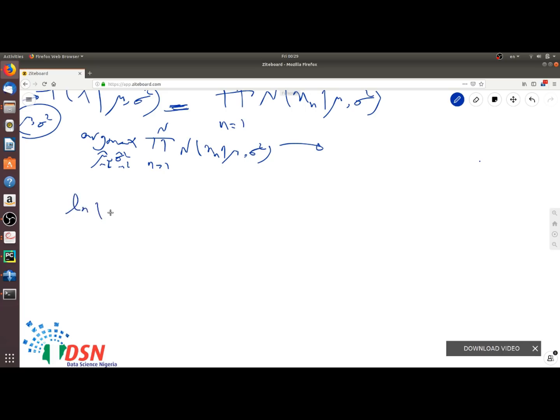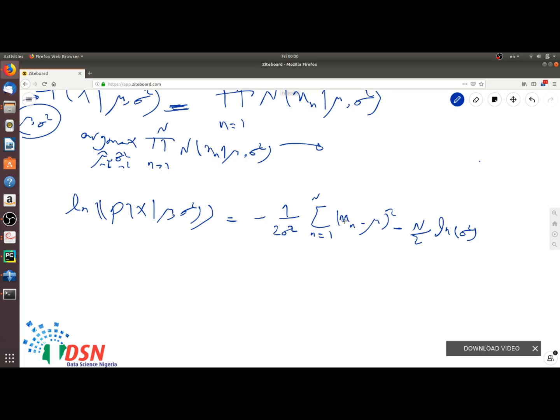So we will use the log of this, which you could calculate yourself if you want to make your calculus better. I don't know, it is very beneficial.